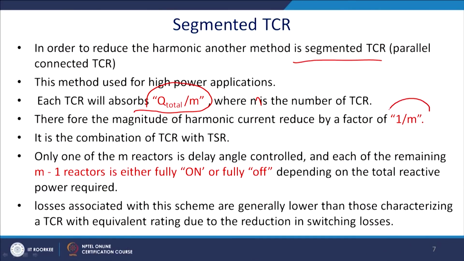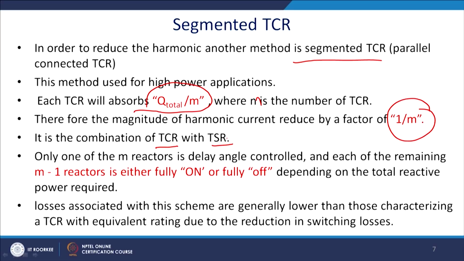So, therefore, the magnitude of the harmonics will be reduced by a factor of 1 by M for the non-functional one, and it is a combination of both, that is TCR and TSR.